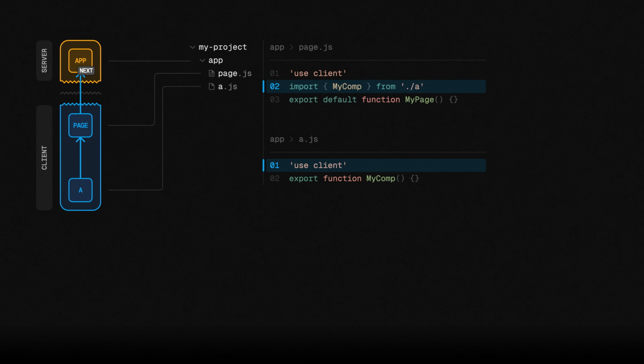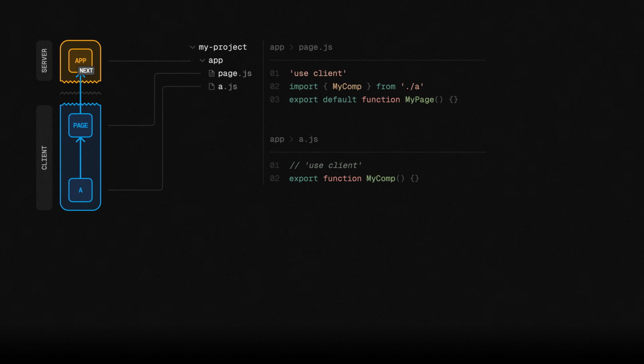Importing the myComp component into page.js brings it into the client environment. Adding or removing useClient in a.js has no additional bundling effect on myComp because it's already part of the client environment. So in summary, modules become a part of whichever environment they are imported into.